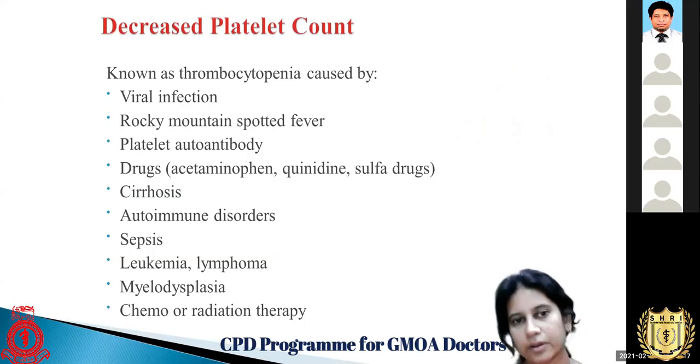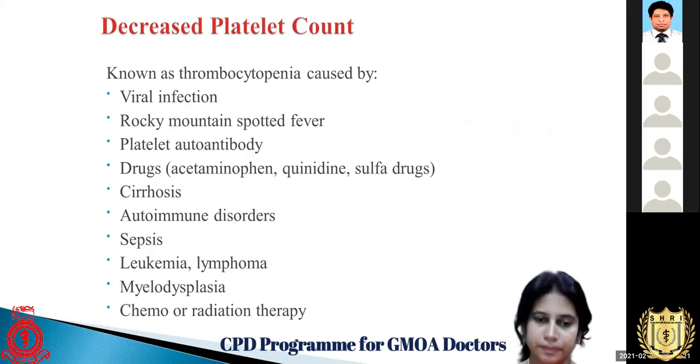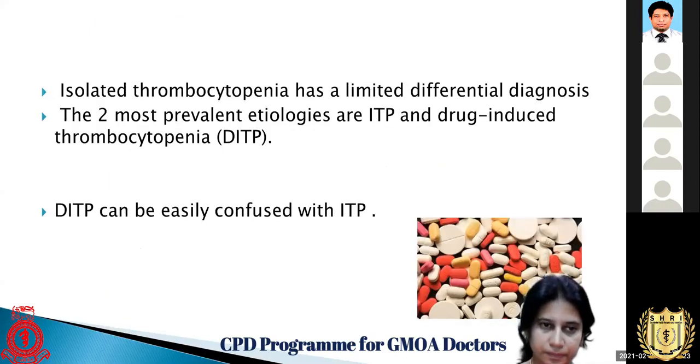So there are a lot of causes for decreased platelet count, starting from viral infection. But I just want to highlight one point. Isolated thrombocytopenia has a limited differential diagnosis. One is ITP, second is drug-induced thrombocytopenia, which is the commonest cause that we are missing most of the time, because it can be easily confused with ITP, and sometimes we diagnose drug-induced thrombocytopenia as ITP.